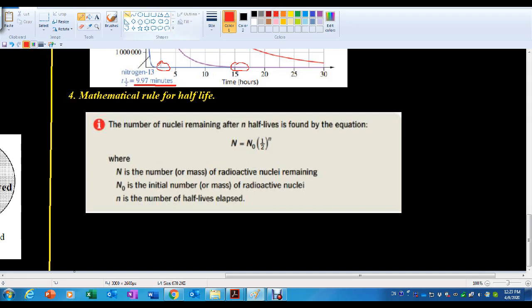We need to emphasize that N is the number of undecayed radioactive nuclide, or it could be the mass of undecayed nuclide, and N naught is the number of undecayed at the beginning.